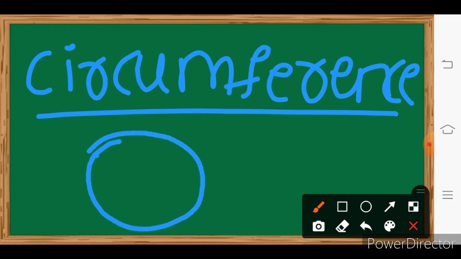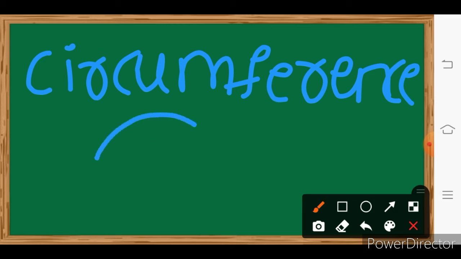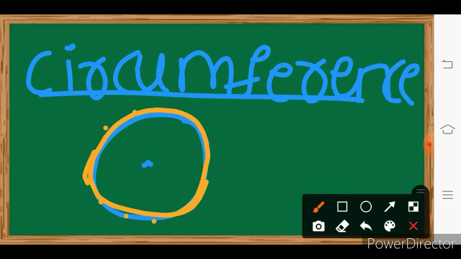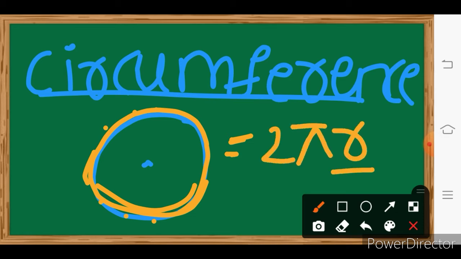If it is a circle, this is the middle point, and the circumference is the boundary. The total boundary length is called the circumference, also called perimeter. The formula for perimeter is 2 pi r. Here r is the radius, and the value of pi is 22 by 7.